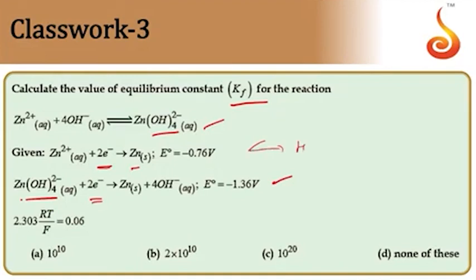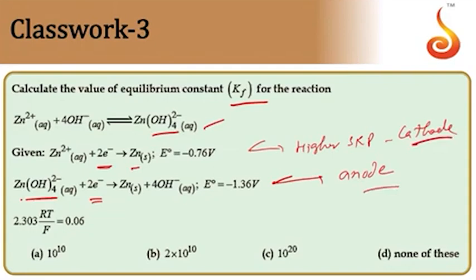This value is higher for us, so the higher SRP is nothing but the cathode, and the lower SRP acts as the anode. The E of the entire cell will be equal to E of cathode minus E of anode.